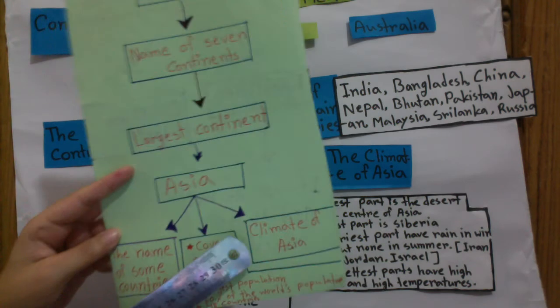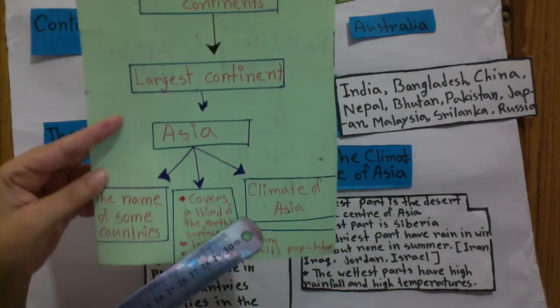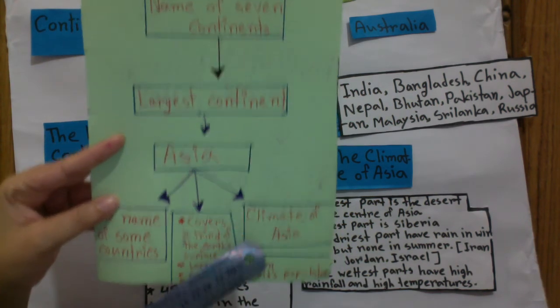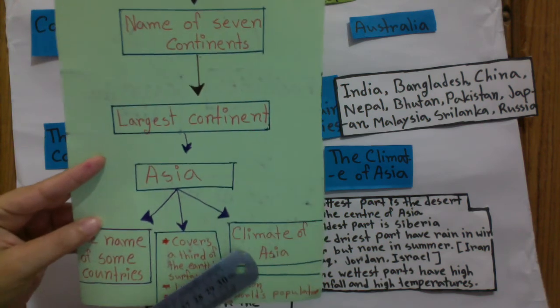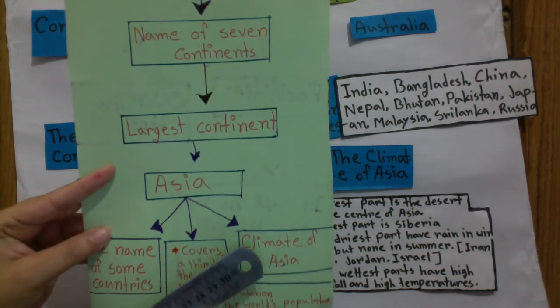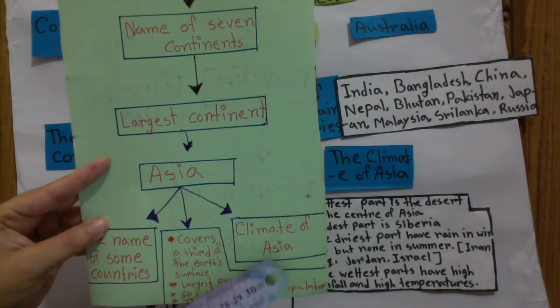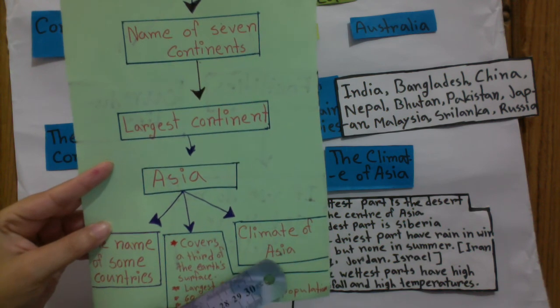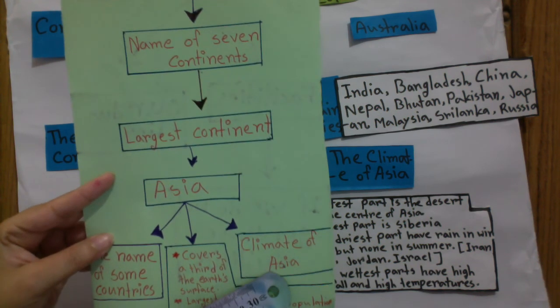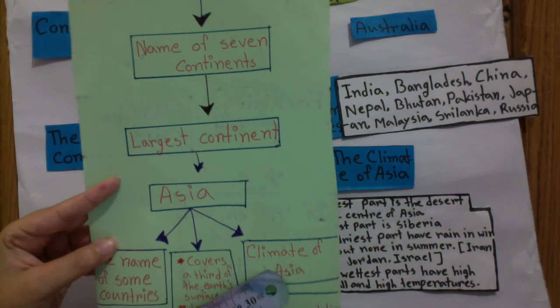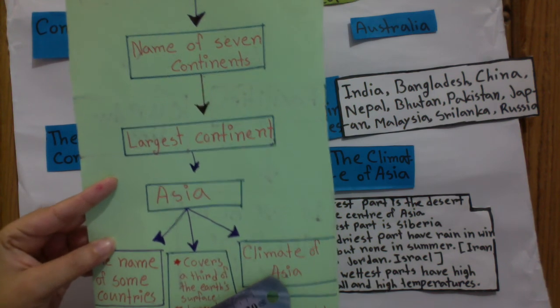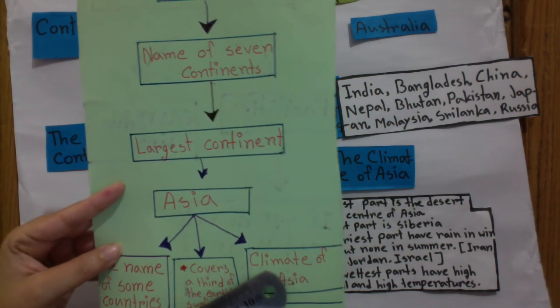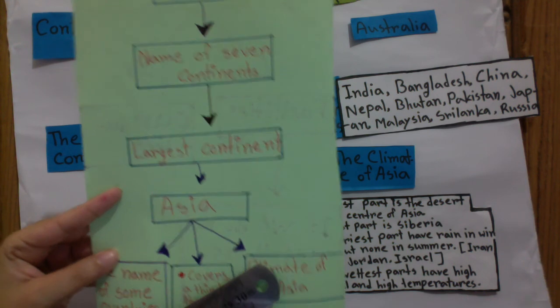Now we have to know the climate of Asia. How is the climate of Asia? The hottest part is the desert in the center of Asia. The coldest part is Siberia. The driest part has rain in winter, but in summer there is no rain.